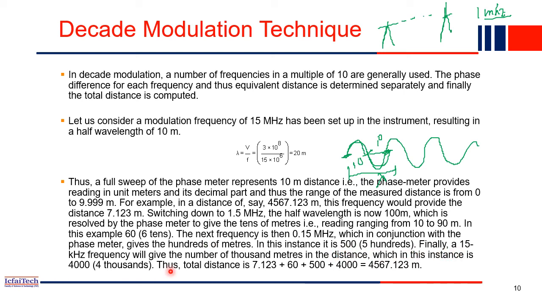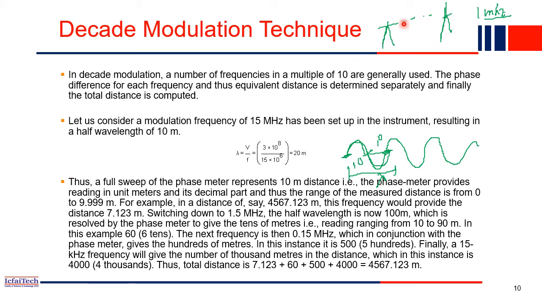Finally you send 15 kilohertz, and you get something like 4000. Now you add all: 4000 plus 500 plus 60 plus 7.123, and you get the total distance from A to B.